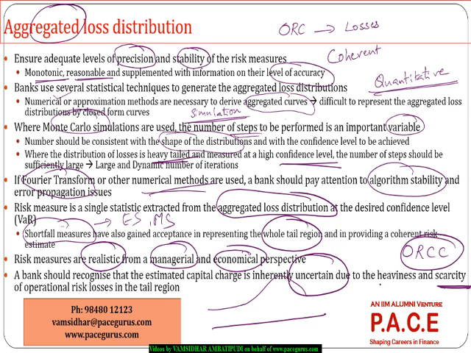Because of the scarcity of the data and the heaviness of the tail, it becomes very difficult to arrive at parameters which are consistent. That's one aspect the bank should be very careful of, and it has to understand that that level of uncertainty is going to exist in its estimates.